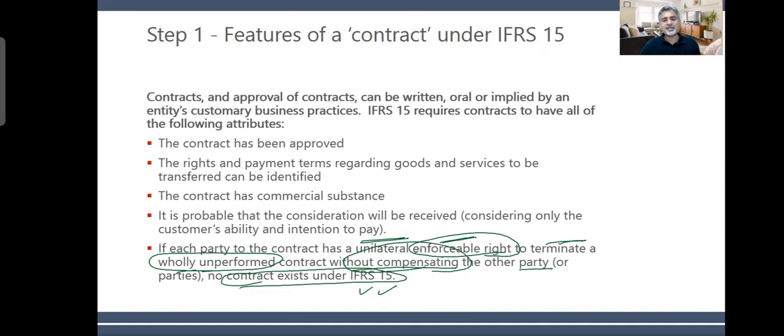So it means that actually this contract does not protect your rights. We know that a contract must present the rights and obligations of both parties. In such a situation, only one party has some right, but they don't have an obligation, and the other party does not have any right. So this is not a contract under IFRS 15.